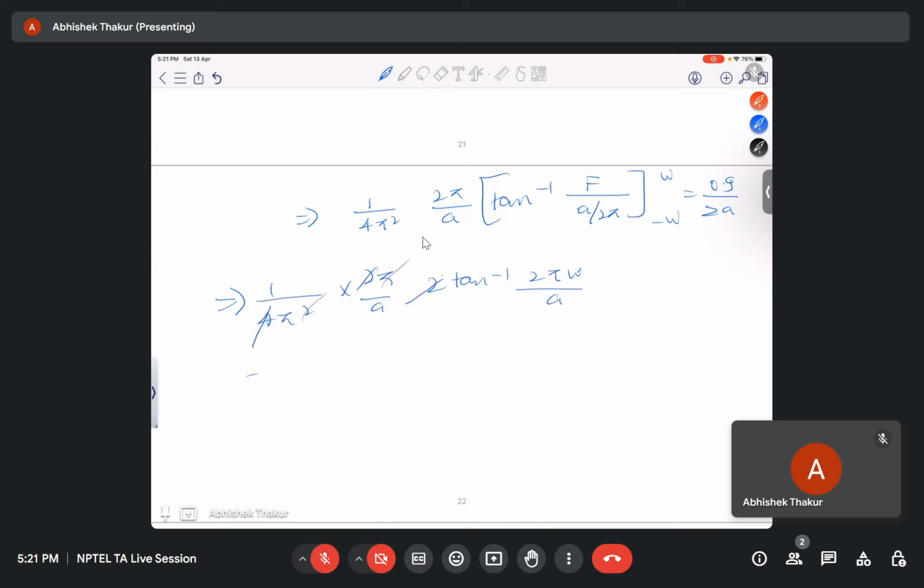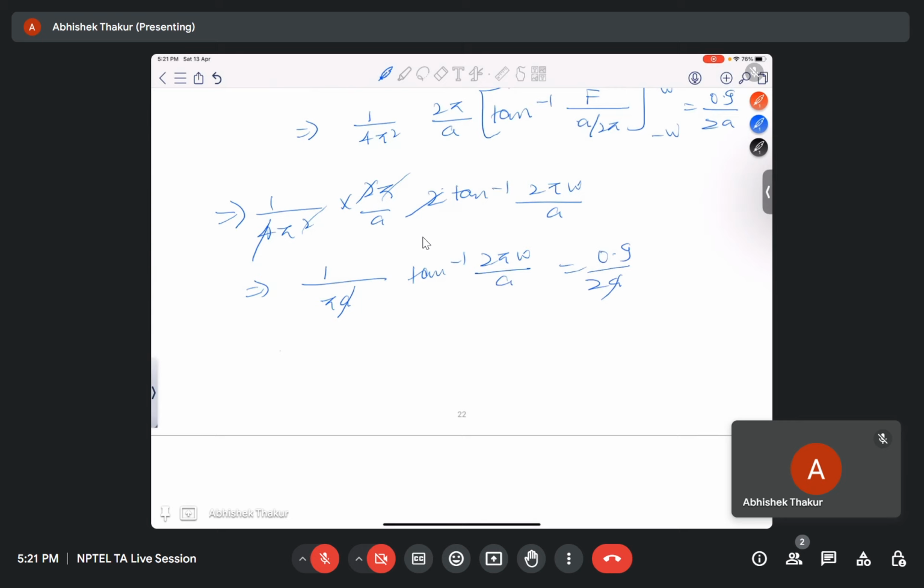So this implies that 1 by pi a, tan inverse of 2 pi omega by a, is equal to 0.9 by 2a. This implies that 2 pi omega by a is equal to tan of 0.9 pi by 2. So that is equal to 6.3138.